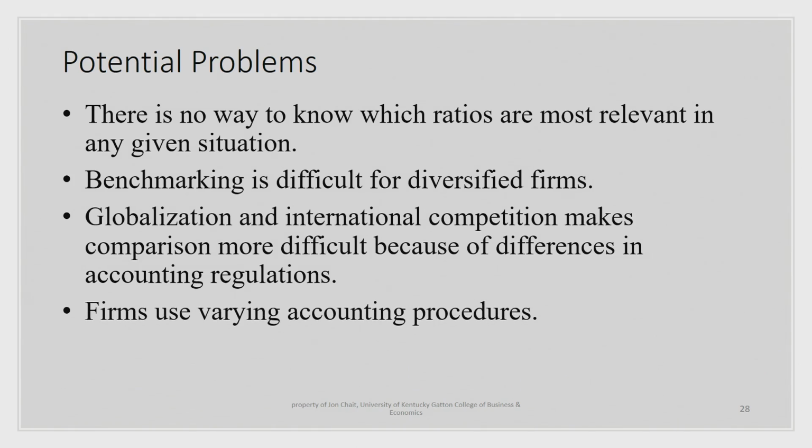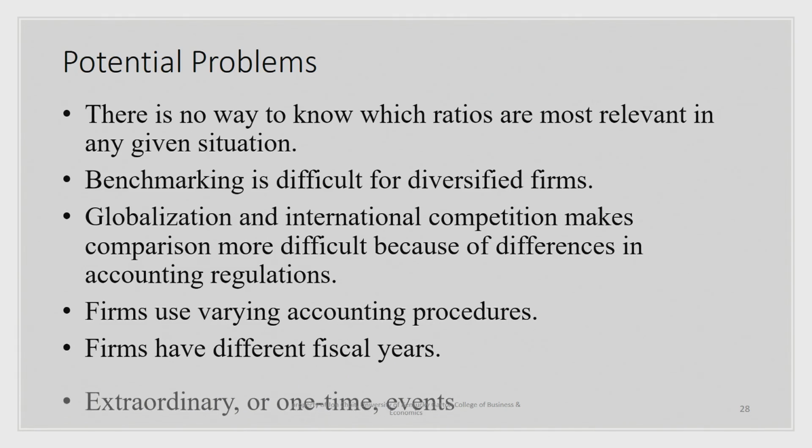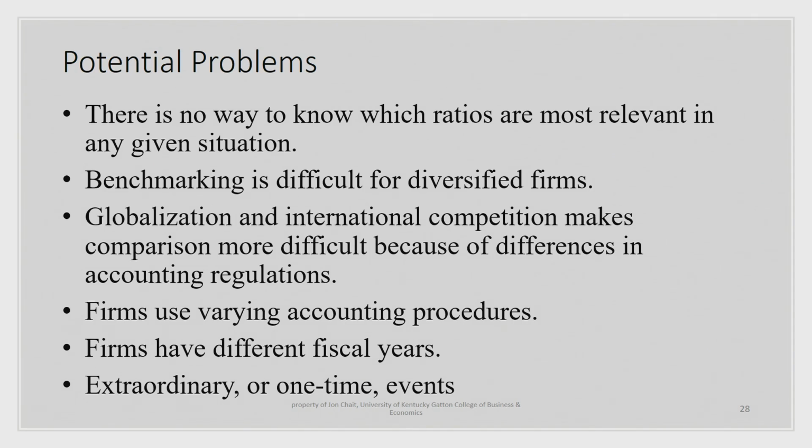Firms, of course, use varying accounting procedures and principles. Although they're all using GAAP, there's more latitude than you might think. And of course, firms have different years and different seasonal patterns. And then finally, there are extraordinary or one-time events.